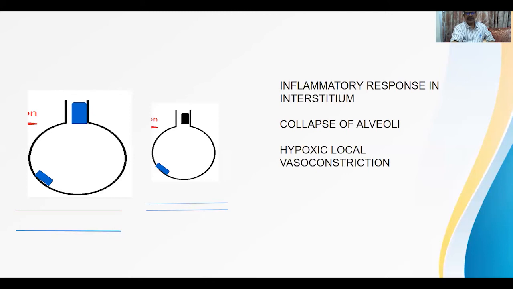This is the mechanism by which unnecessary wastage of perfusion is prevented and blood supply is diverted from alveolus with less ventilation to alveolus with more ventilation. This hypoxic local vasoconstriction is the explanation for the majority of lung diseases. Saturations are actually pretty normal.